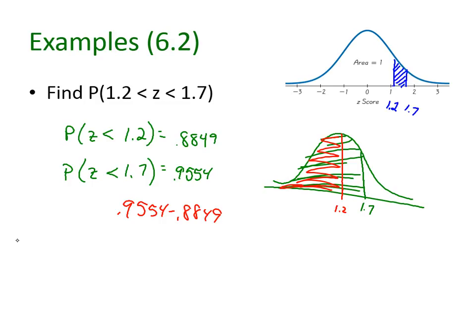When you do 1.2 minus 0.7, you figure out the area between them.